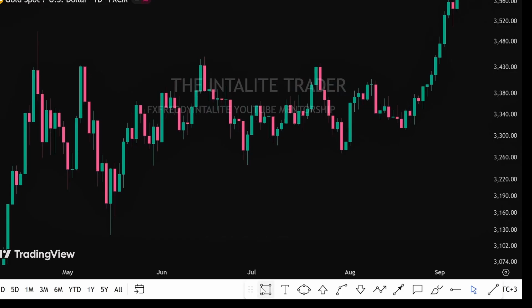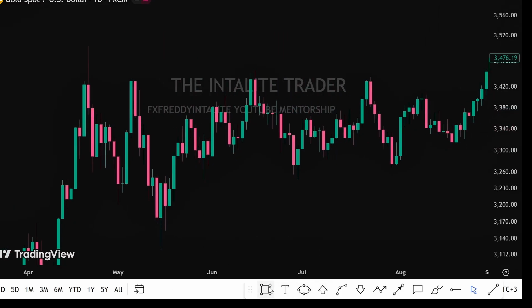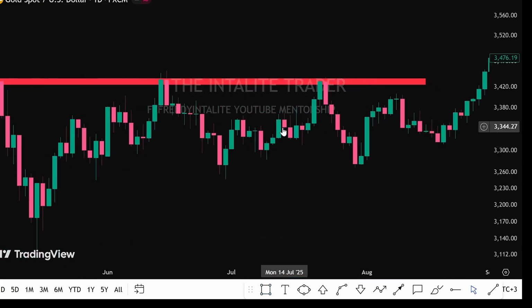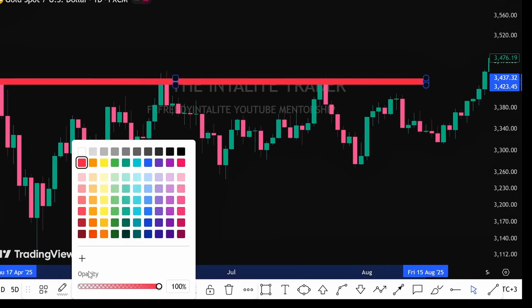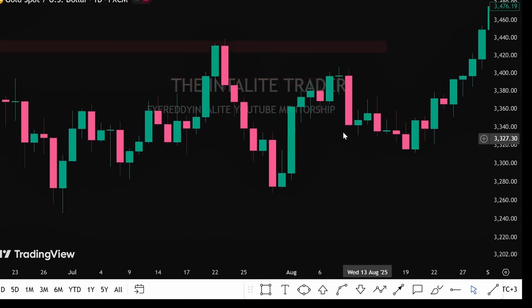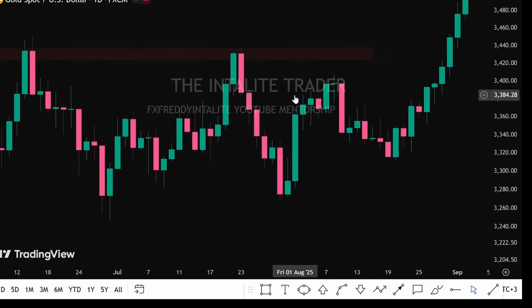This is a ranging market. Here you have a ranging market, and notice each time price came to this level, you had an engulfing bar, or you had a momentum candle.